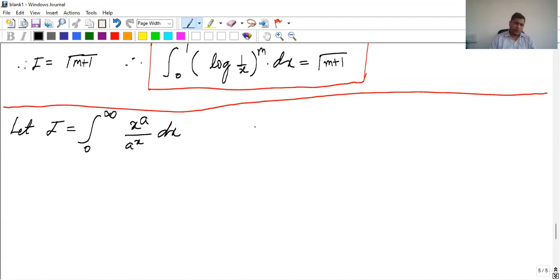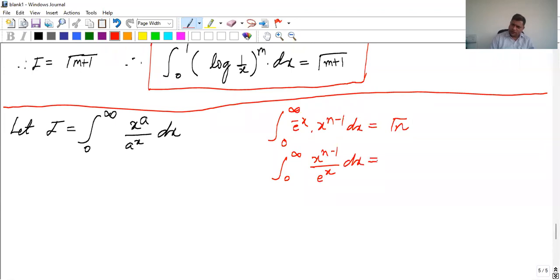Now, what we know about the integral gamma n. We have integral 0 to infinity e raised to minus x, x raised to n minus 1 dx is equal to gamma n, right? So can we write it as integral 0 to infinity x raised to n minus 1 upon e raised to x dx is equal to gamma n?